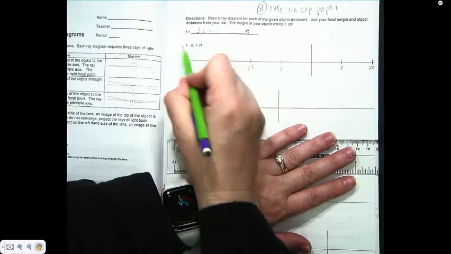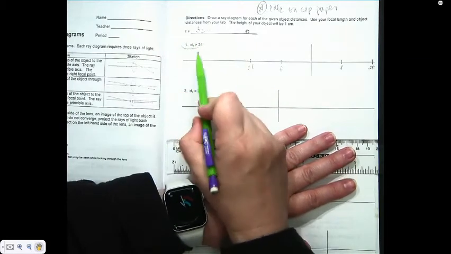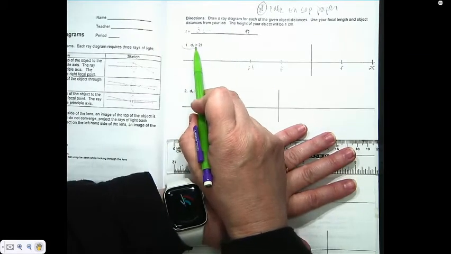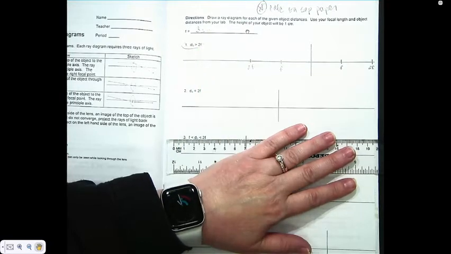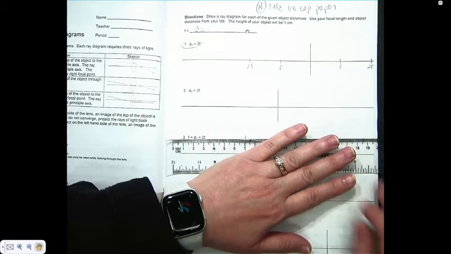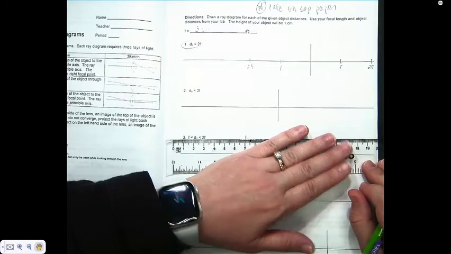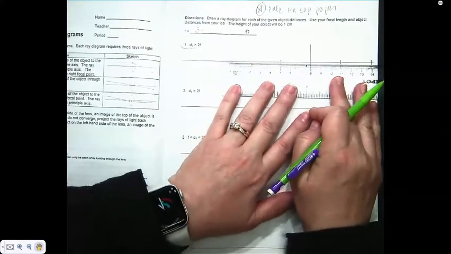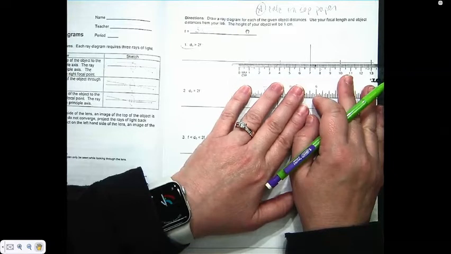So up here next to the number, it tells me the object distance needs to be greater than 2F. So 2F is at 6 centimeters. So as long as I put my object at any distance from the lens greater than 6 centimeters, I have satisfied that condition.